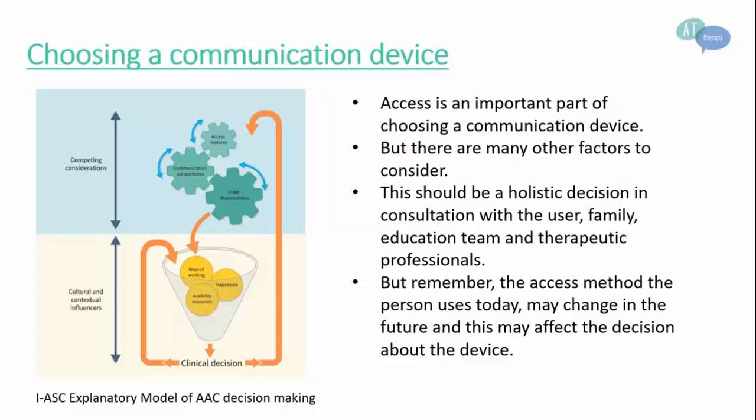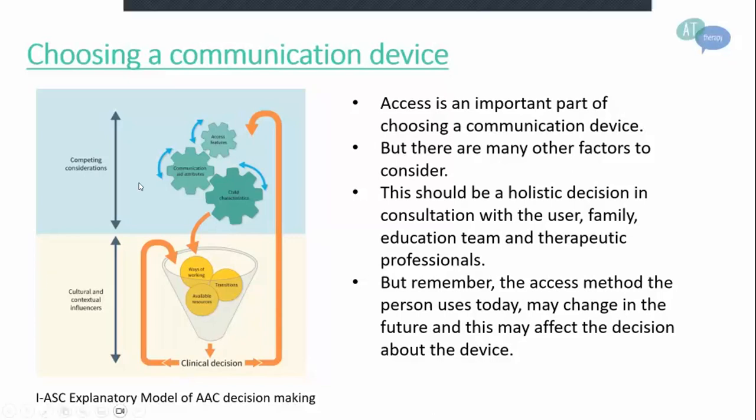You can see here, this is the iAsk explanatory model of AAC decision making, which is part of a big project that Manchester Metropolitan University did. There's much more information about that on their website, and they've got some nice resources that explain this model in a bit more detail.